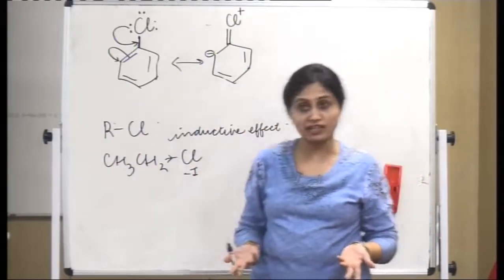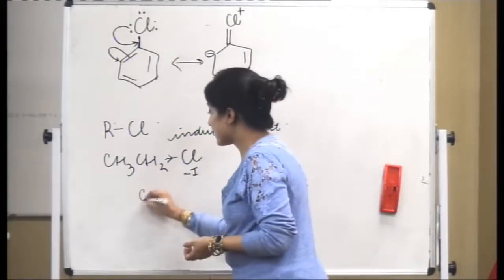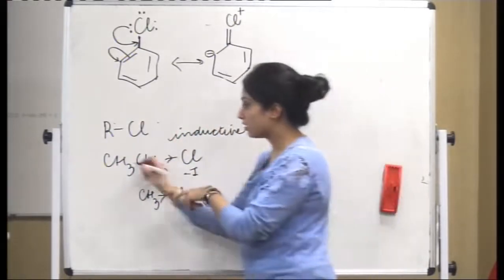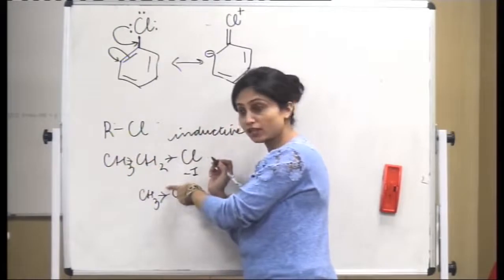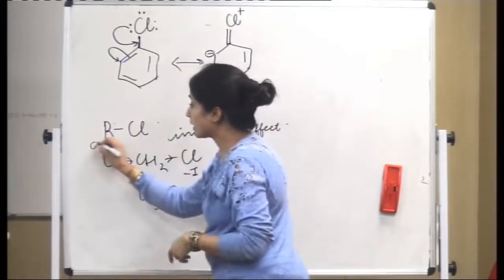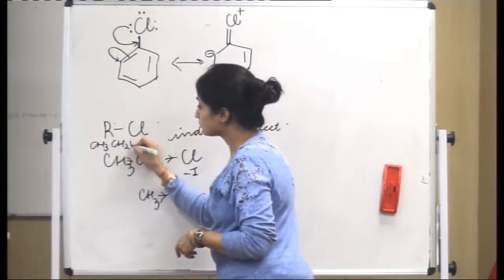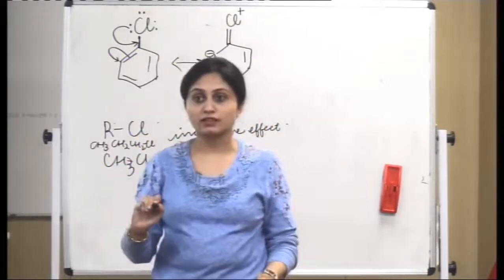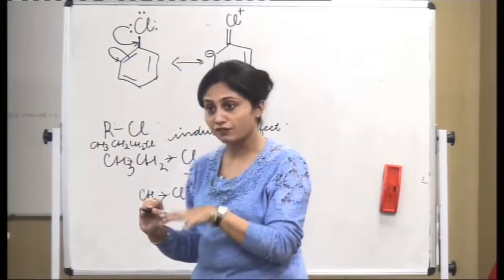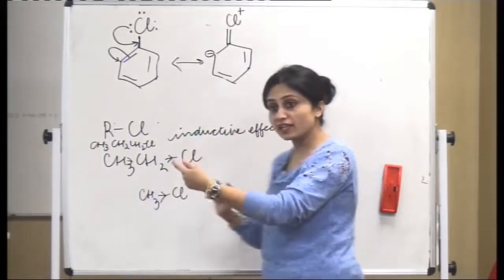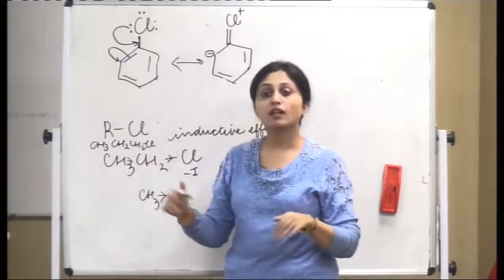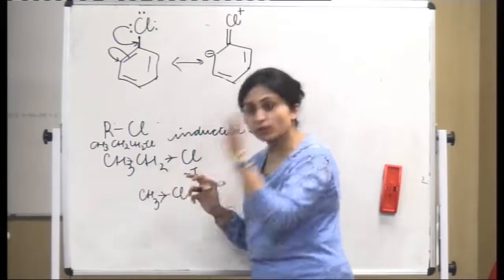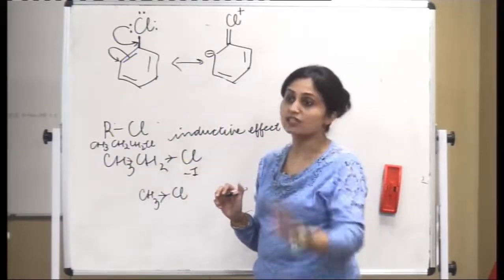Because it is electronegative in nature. In CH3Cl this effect will be less. With two methyl groups donating it will be more, and if there are 3 carbon atoms it will be even more. After 3 it starts decreasing. So this is the trend of the inductive effect, and that is why, greater the inductive effect, greater will be the polarity and easier will be the energy with which it can dissociate.